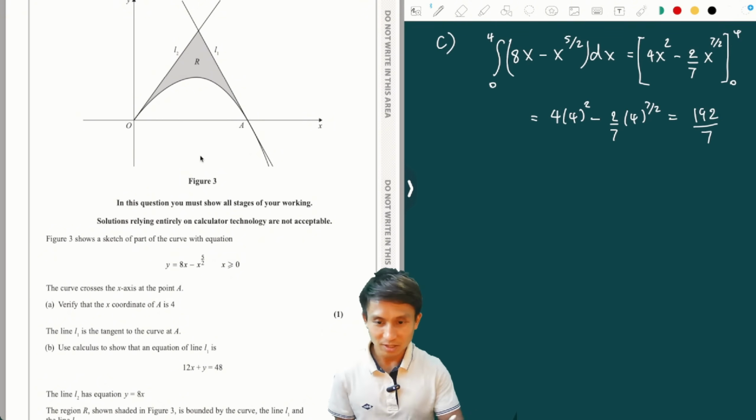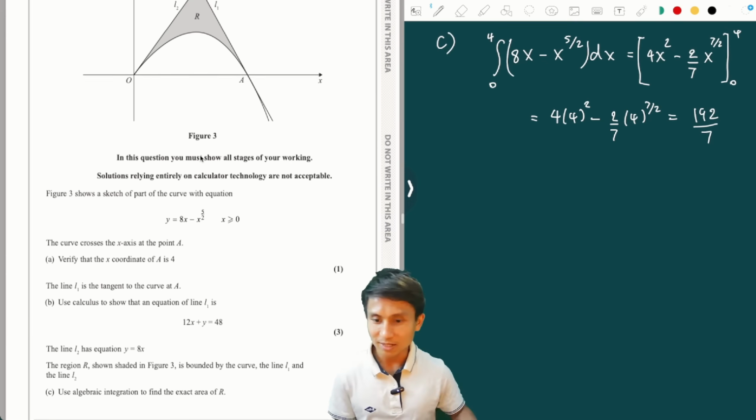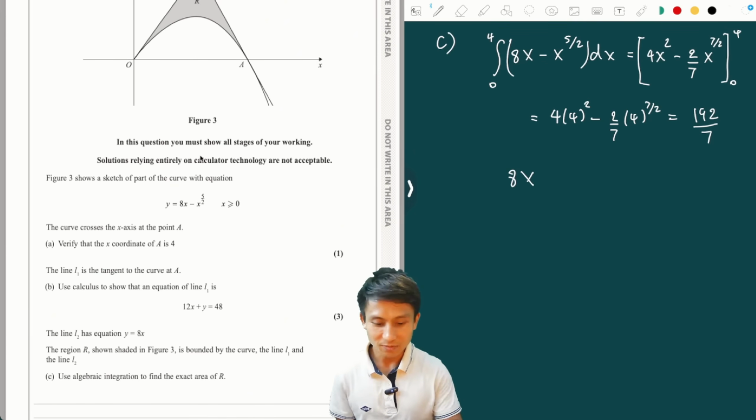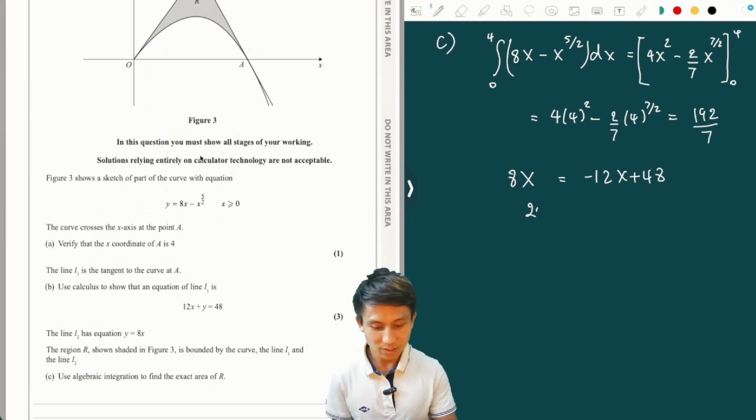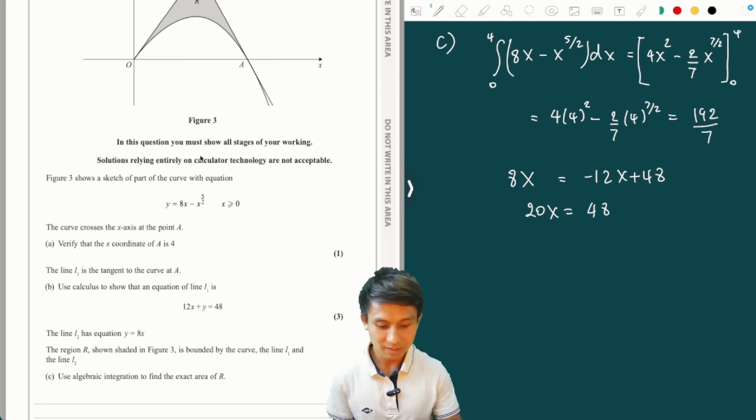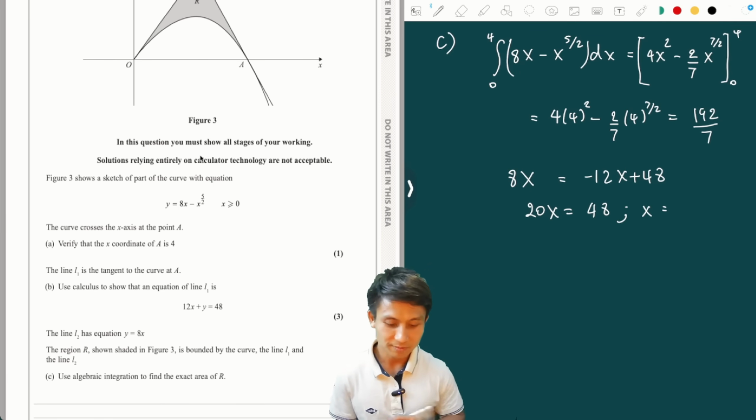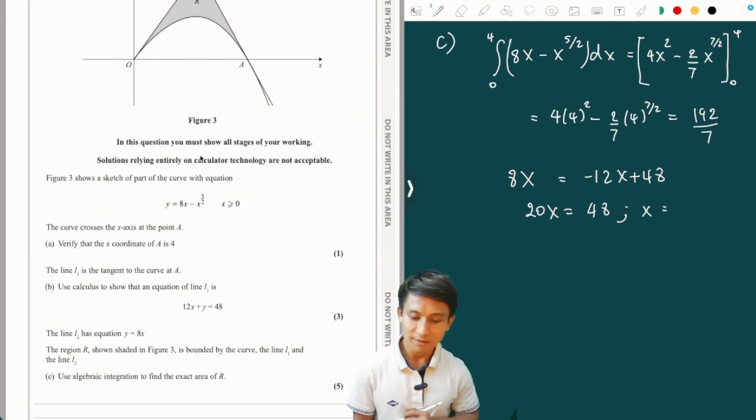So for the intersection between the two lines, we equate them, because we have 8x being the line L2 and the other one is minus 12x plus 48 being the line L1 we just found earlier. So this is 20x equals 48. So x equals, divide across by 4, right?